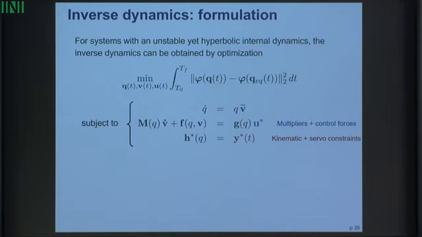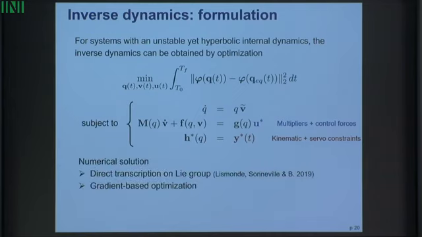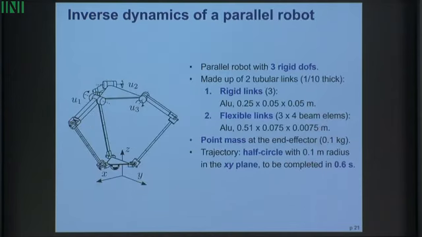In this equation, we also include the prescribed trajectories, the fact that we want the end effector to follow a certain trajectory. And we solve it using a direct transcription method, which is adapted to the Lie group framework. It's fundamentally a gradient-based optimization approach.